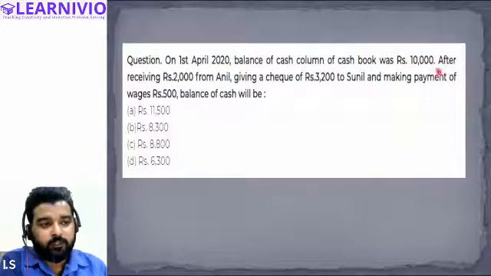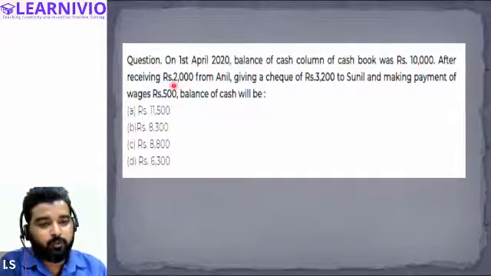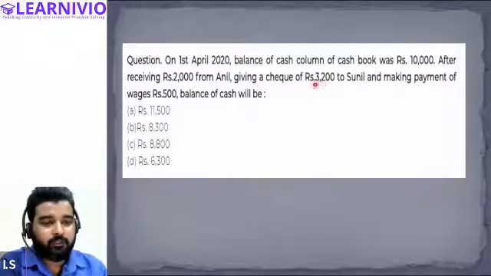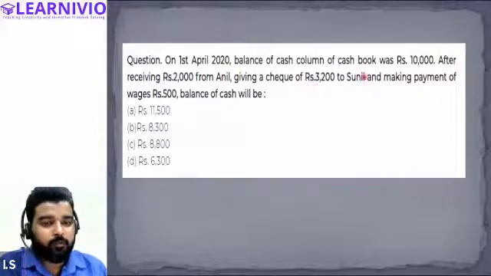See, 10,000 was the initial amount, right? Now we are also receiving 2,000 from Anil. So 10,000 plus 2,000 will be 12,000. Now we are giving a check of 3,200 to Sunil. Issuing a check will not affect the cash balance, right? No, sir, it will not affect the cash. It will affect the bank balance. So leave it aside.